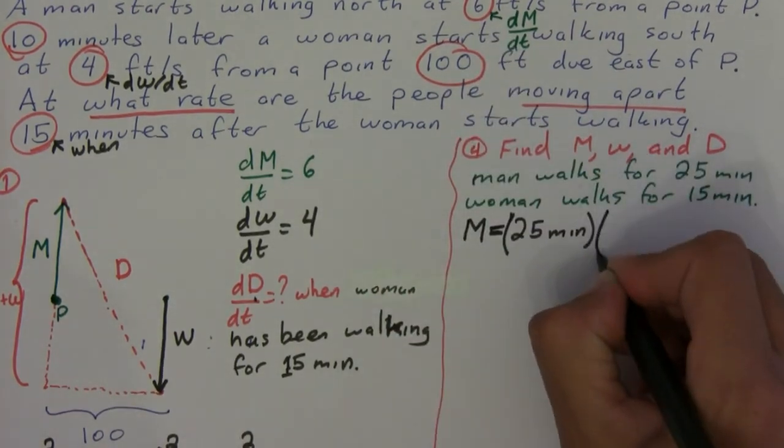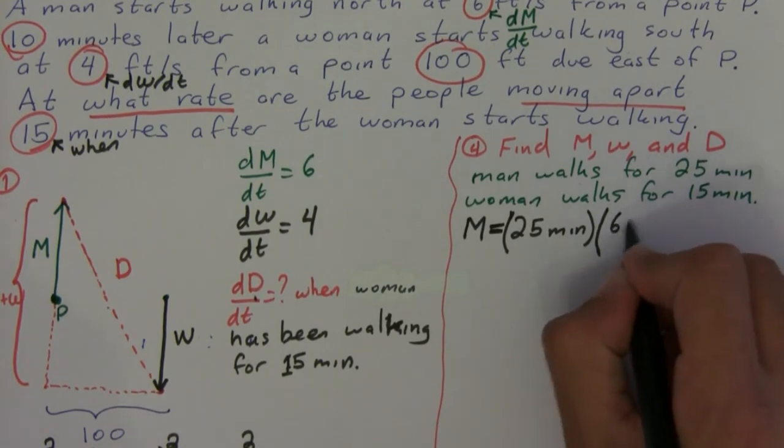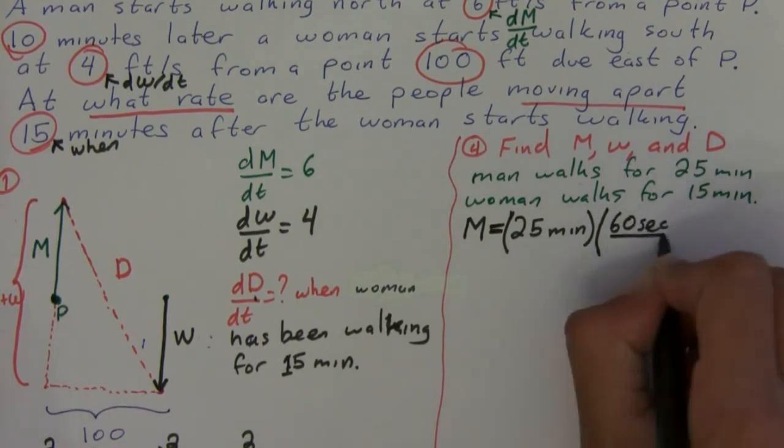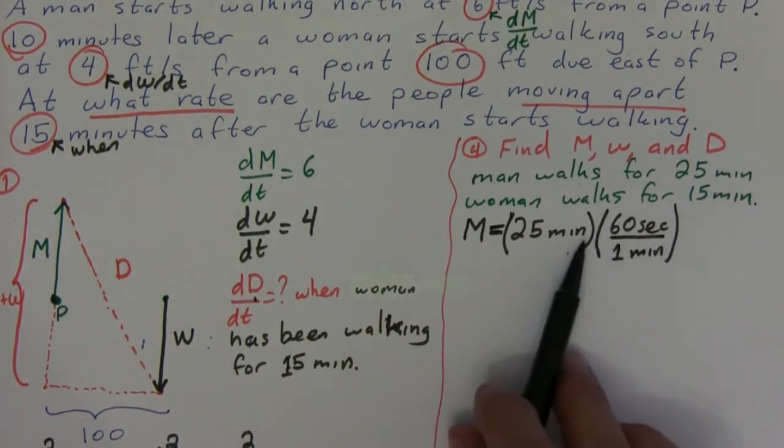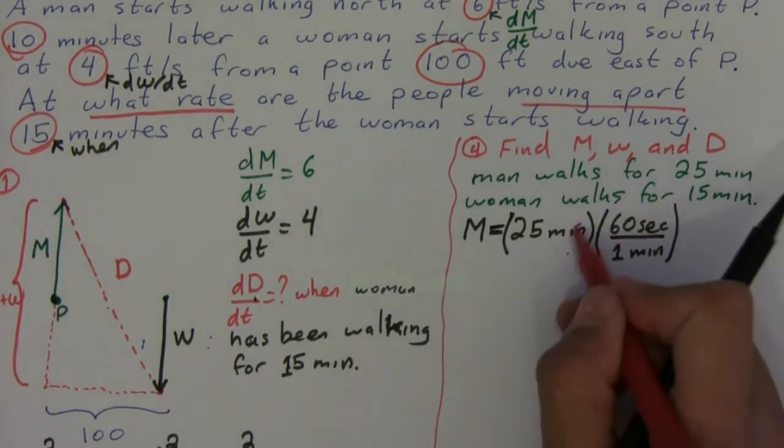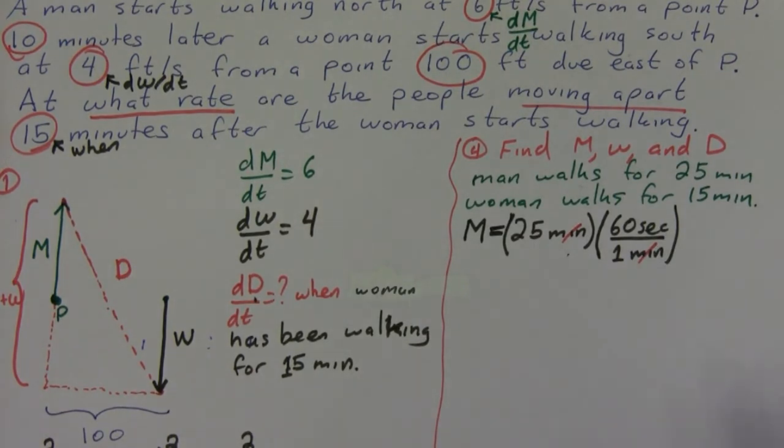So I need to turn 25 minutes into seconds. Remember that 60 seconds is 1 minute. So I can convert it by multiplying by 60 because the minutes are going to cancel.